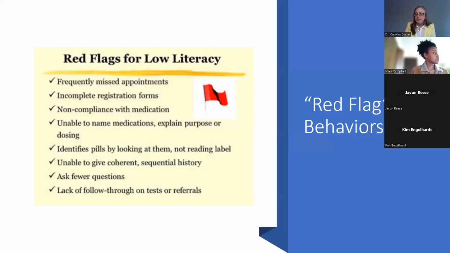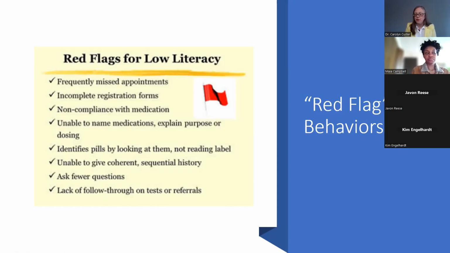Red flags, these are the things that you should look for when you're with your consumer, that could indicate that there's low health literacy. Things like frequently missing appointments, perhaps incomplete registration forms, non-compliance with medications, asking fewer questions. This is something that we'll talk about again.